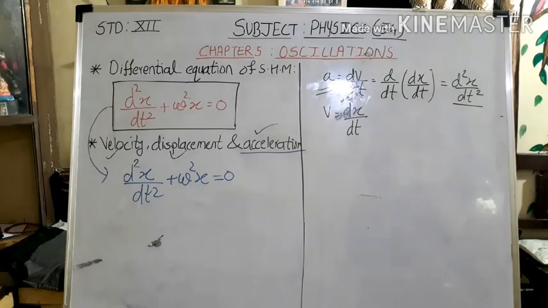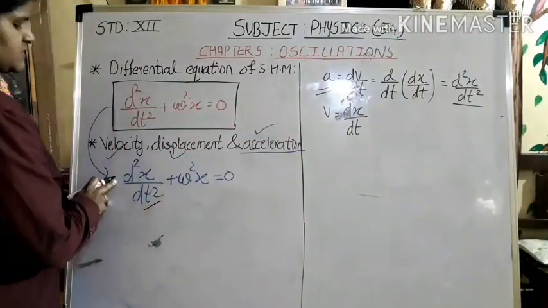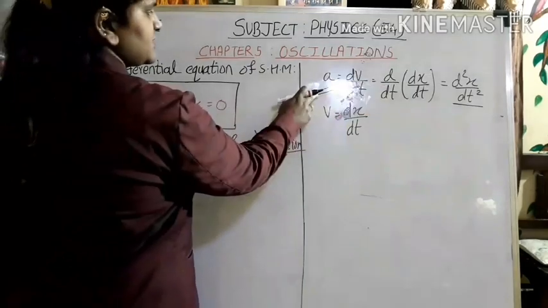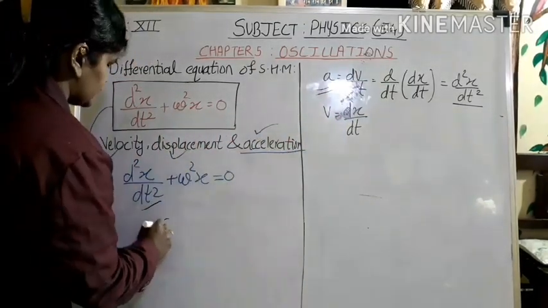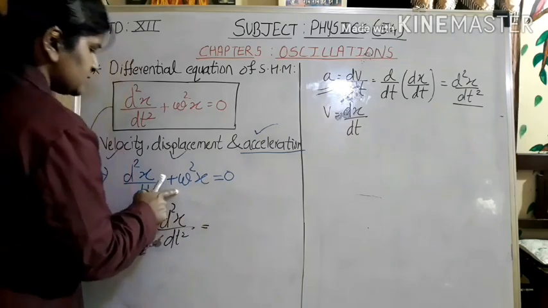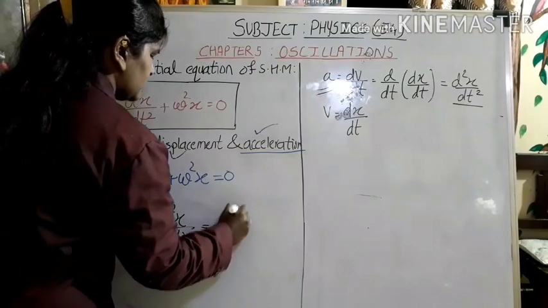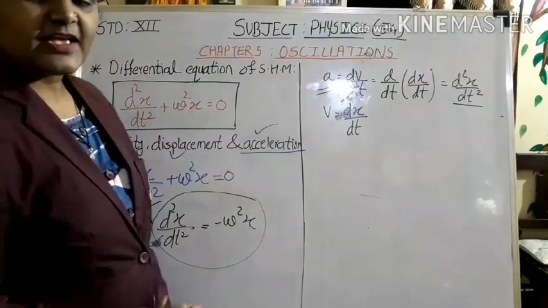So how can you find out acceleration by using these equations? We can use this equation over here. See, d2x by dt square is nothing but acceleration, so this term is nothing but acceleration. I want the value for acceleration itself, so this will be nothing but minus omega square x. It is as easy as that.